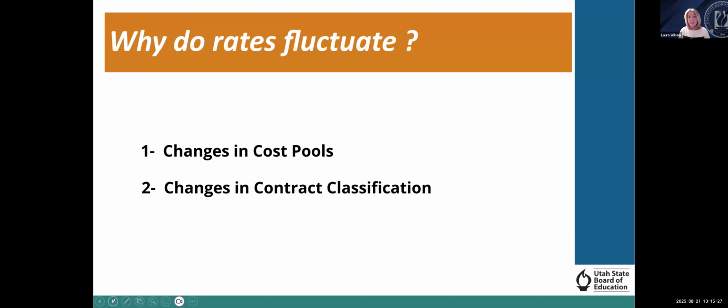But almost always, I would say 90% of the time, these rate fluctuations are data issues. And those are primarily from, first of all, changes in cost pool numbers. And secondly, changes in the way that perhaps we have been classifying contracts so that the contract adjustment in UPEFs has varied. These are some of the reasons for that.